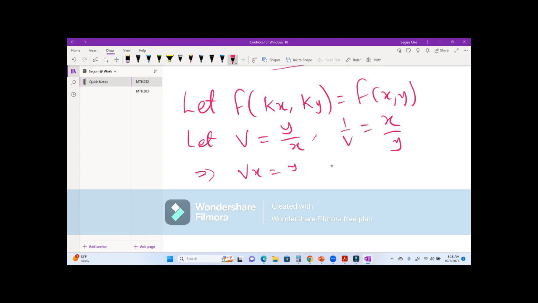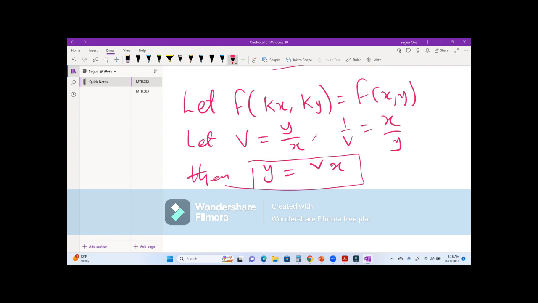By the time we get there, you will see what I'm doing. Let's just continue. My y is equal to vx. Do you agree? Like I showed you now, y equals vx. So you can circle this one, because it has a lot to do with what we are doing.